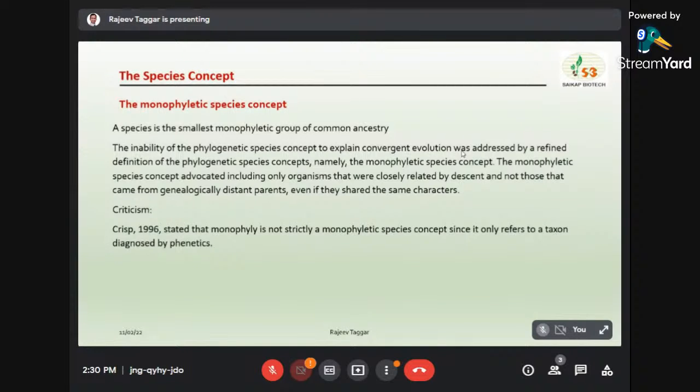So within a population there are different lineages which are coming together. But if we can pick out just one lineage which is genetically pure, and we know that the ancestors come from one genetic lineage, we can say that is a species. This is the concept of the monophyletic species.